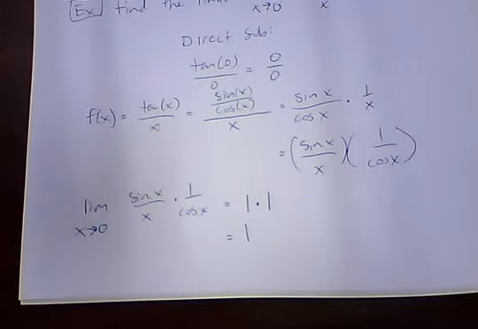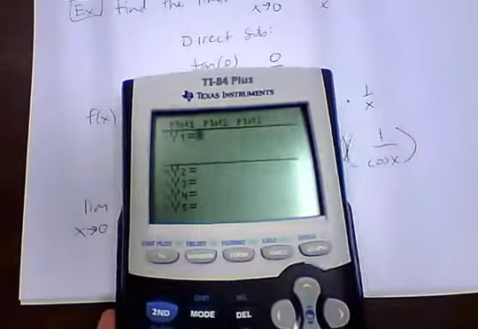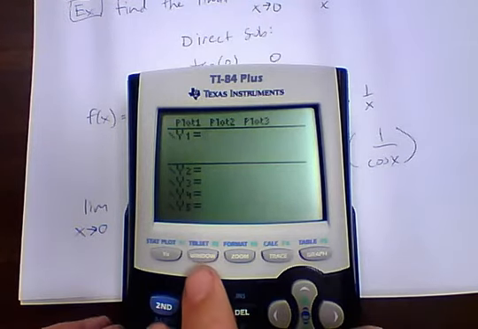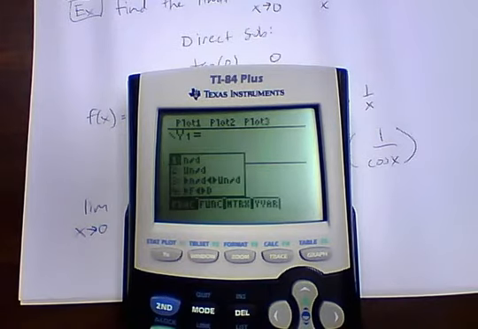And again, what we can do here is look at a table numerically to double check ourselves. So let's go back to our y equals and let's put in our original fraction. Let's get our fraction in there.